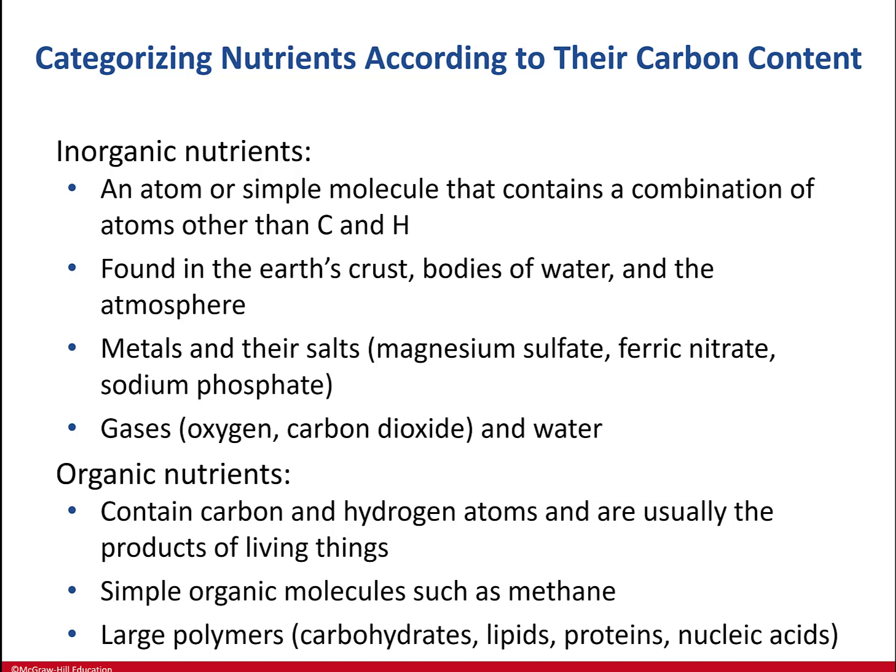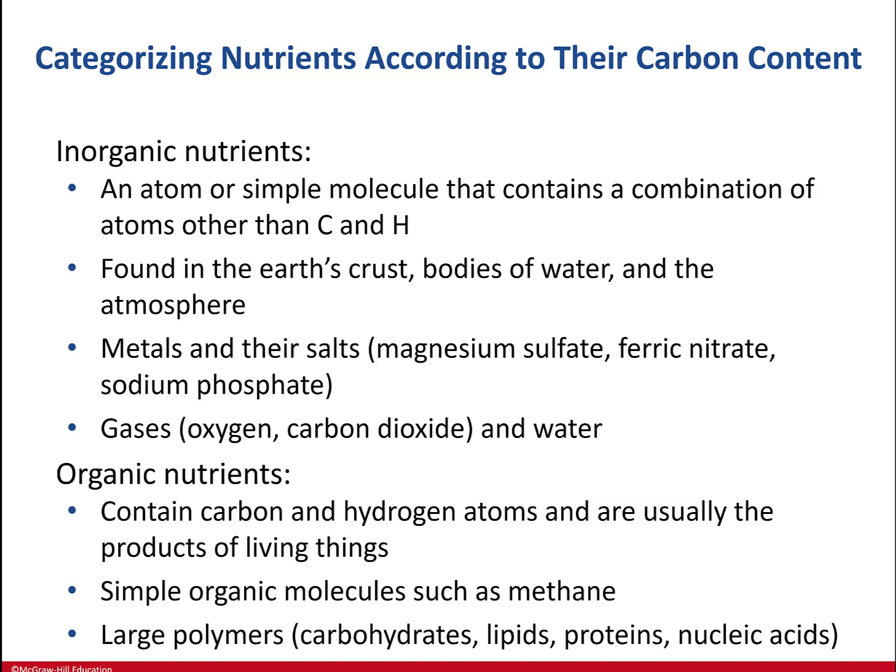A lot of these are making the chemical structure more stable by satisfying all the bonds, the octet rule, by adding the sulfates and the nitrates and the phosphates. In that way they are more manageable in terms of stability. Gases: oxygen, carbon dioxide, and water. Those are the important aspects of inorganic nutrients.